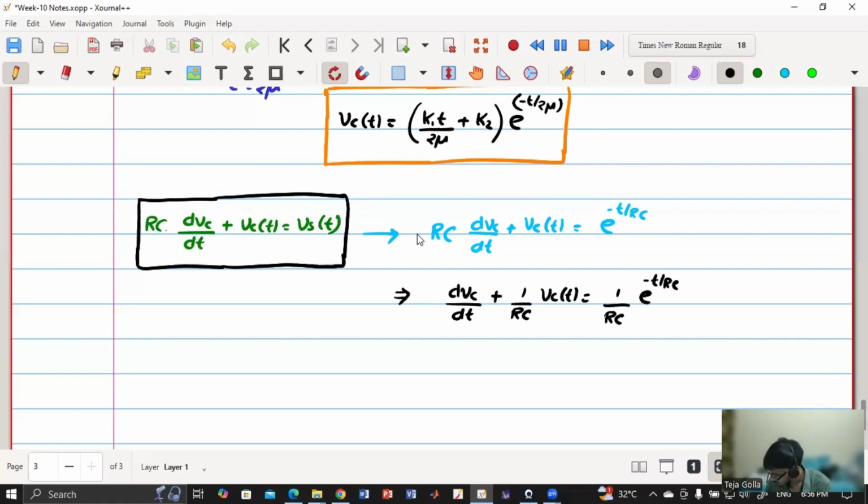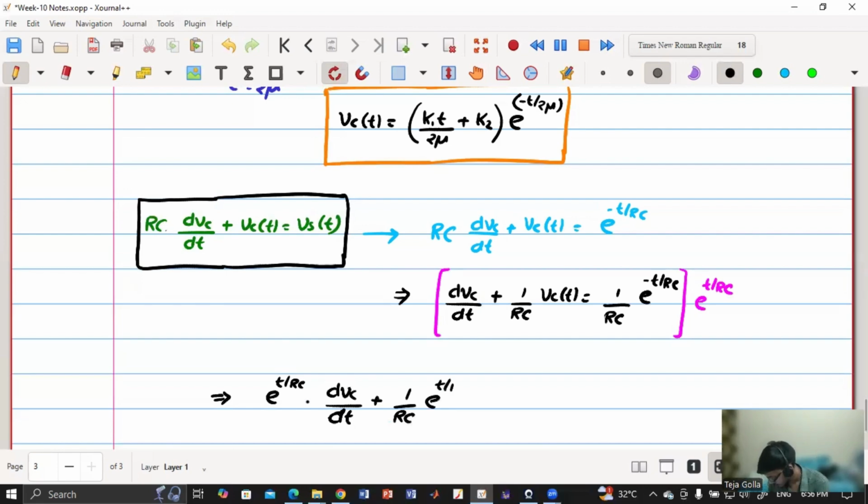So now let us do one thing. Let us multiply both sides, RHS and LHS, with e to the power t by rc. Then I will get something like this: e to the power t by rc into dvc by dt plus 1 by rc e to the power t by rc into vc of t is equal to 1 by rc.